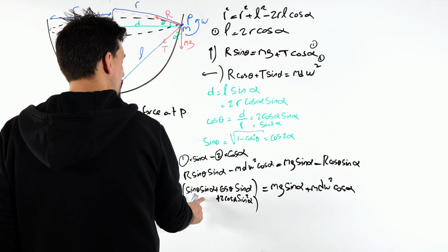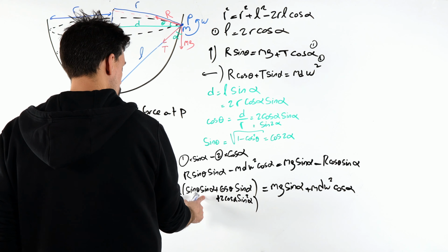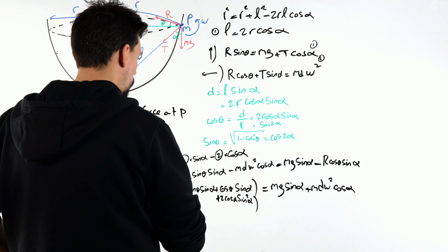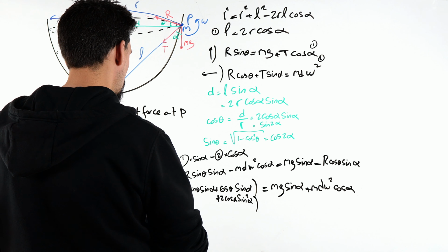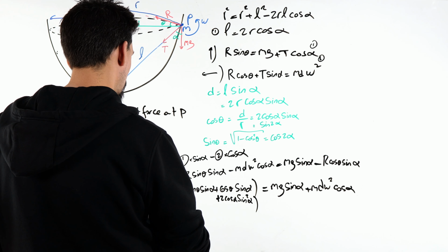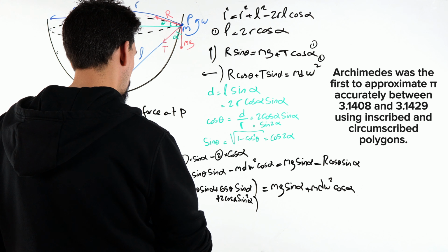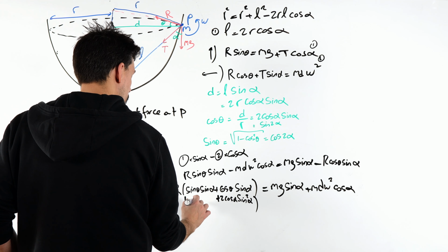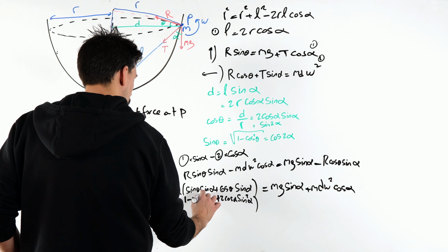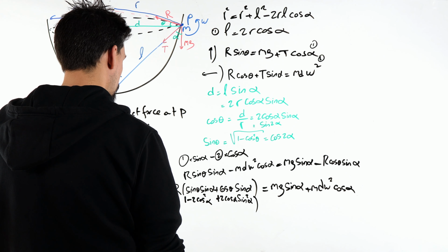Sine theta sine alpha, which one do I want? Which form of that do I want? None of them really. Let's go 1 minus 2 cos squared, times by sine alpha.